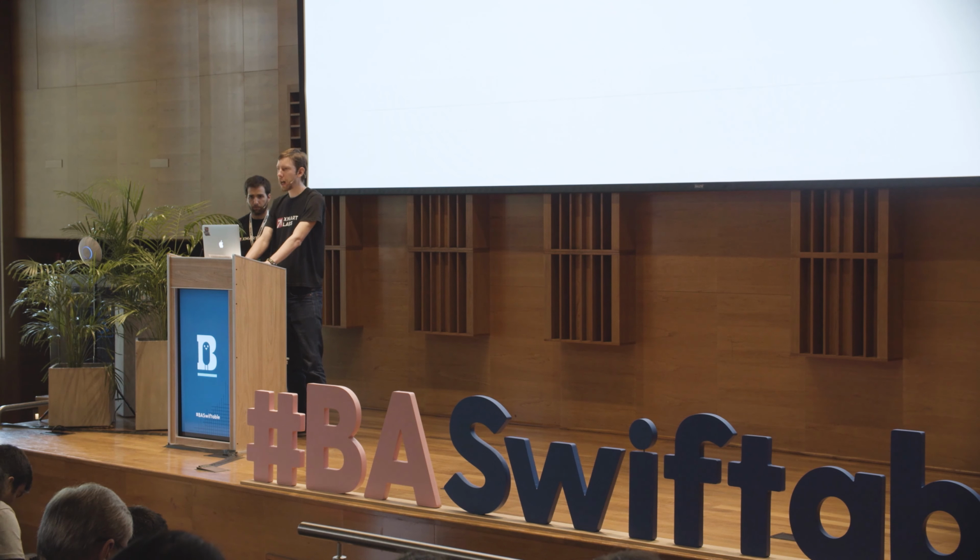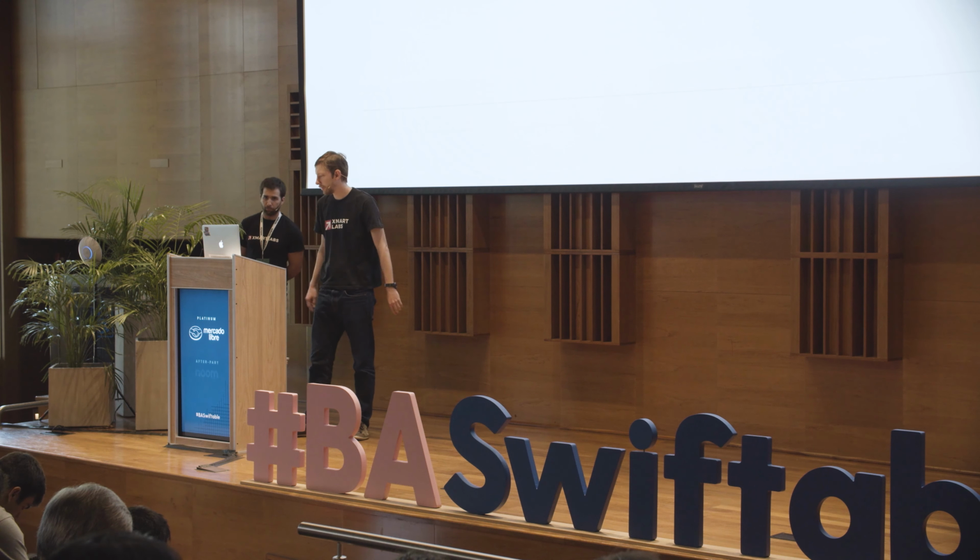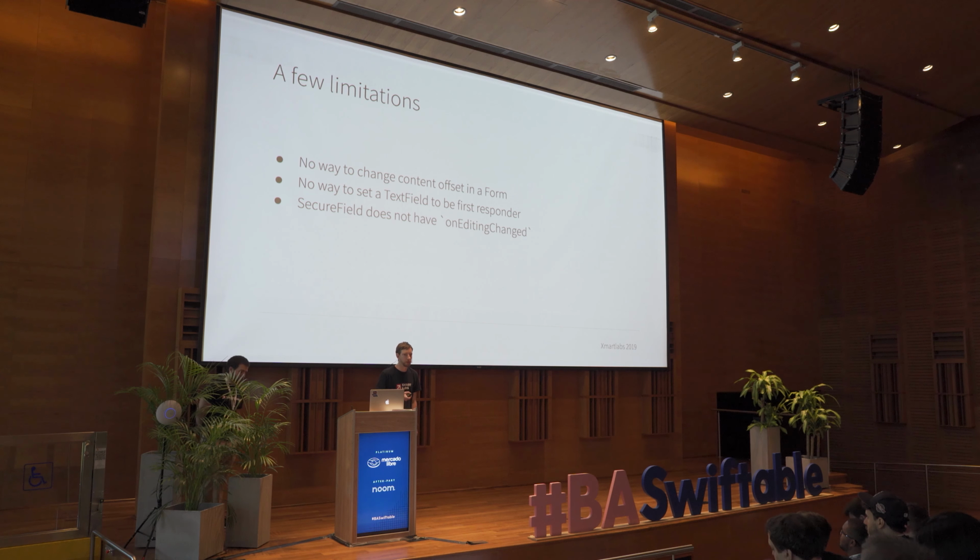And recap a bit. So we found that SwiftUI is in its beginnings, and it has quite a few limitations, like we can't set the content offset of a form. We can't use all the delegate methods of a scroll view, which we would use in UIKit to create more advanced things.